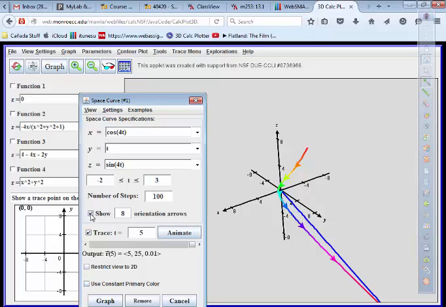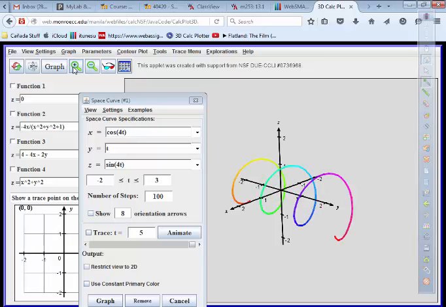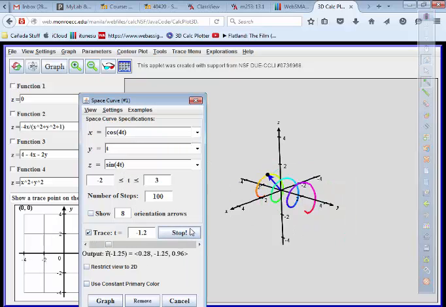Let's graph it first. So it looks like that. Let's zoom in a little bit so we can see nicer. Let's zoom out a little bit. Looks like that. And if we animate it, we can see it being drawn out, going in a forward direction.